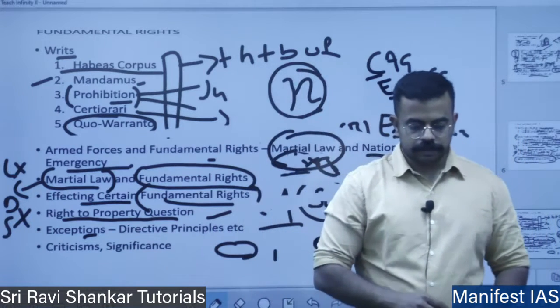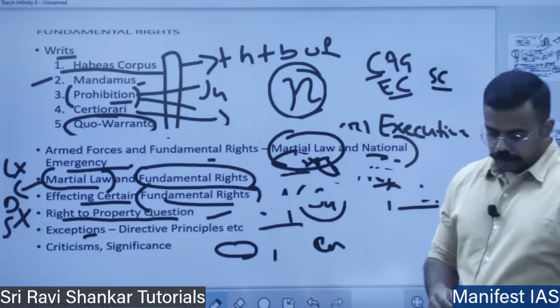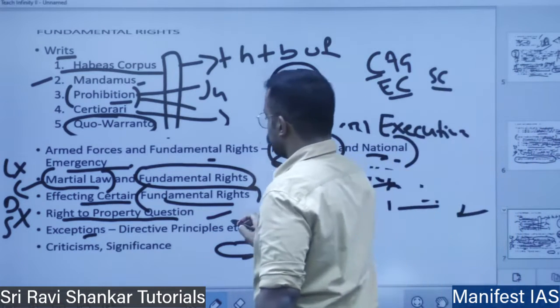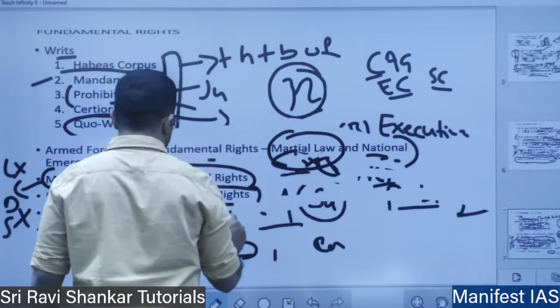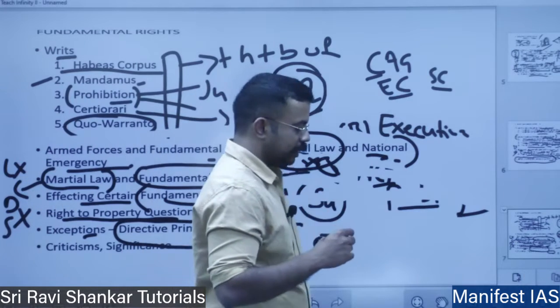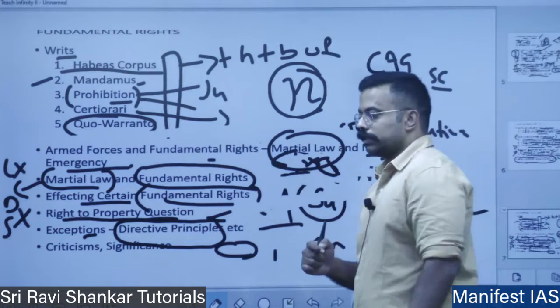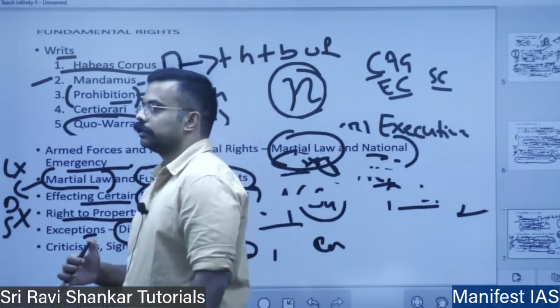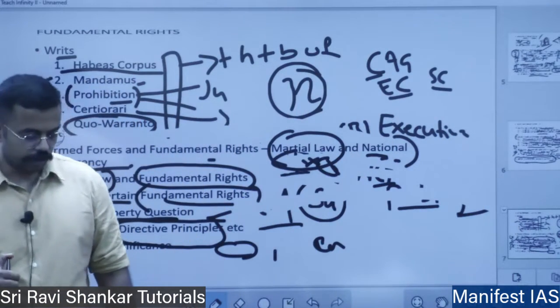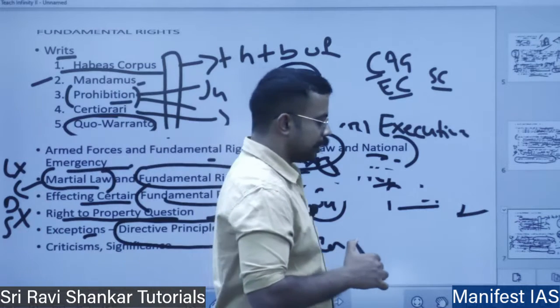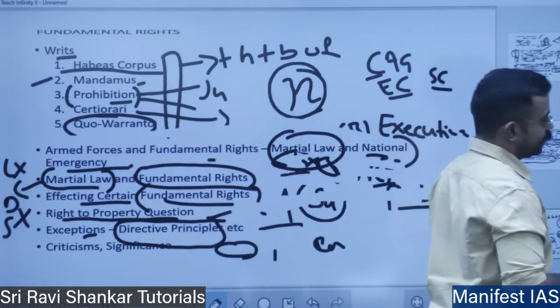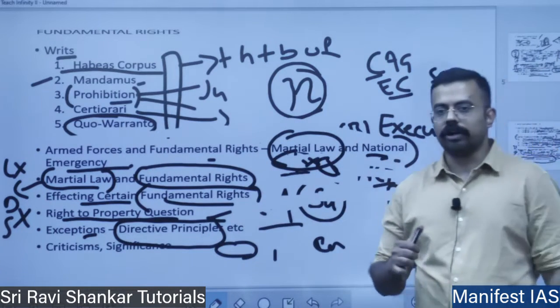Next comes saving of laws giving effect to directive principles. Article 31C, and 39B and 39C. So directive principles are principles followed by the government in order to formulate certain rules and also by legislatures to enact certain laws.